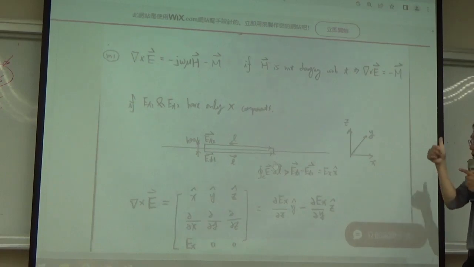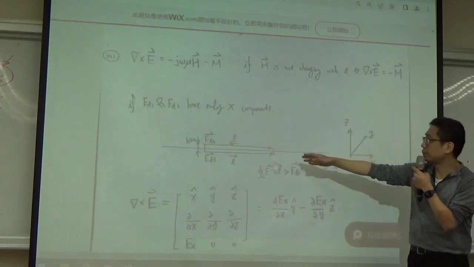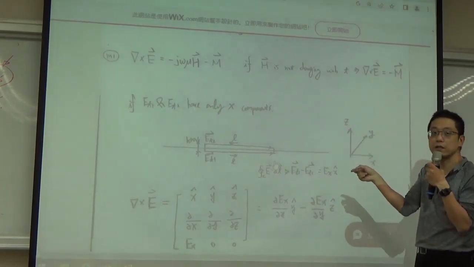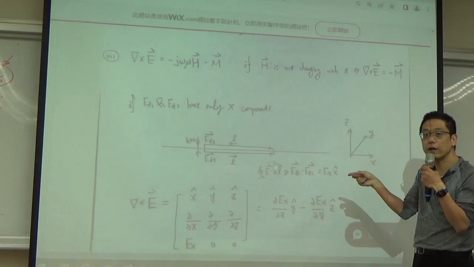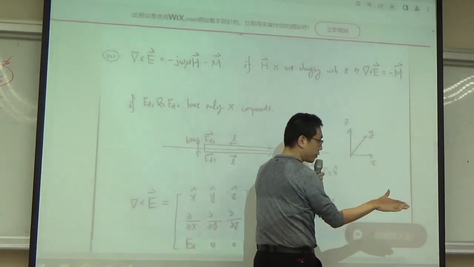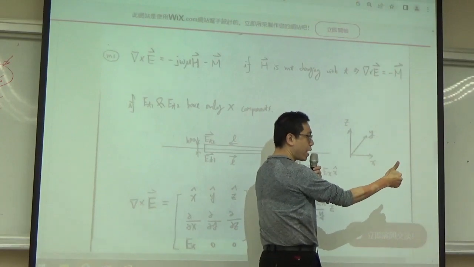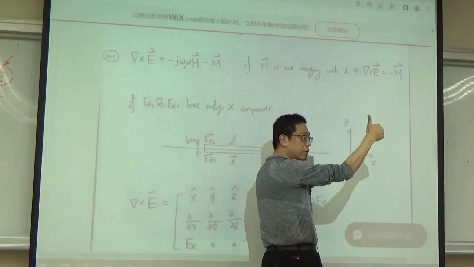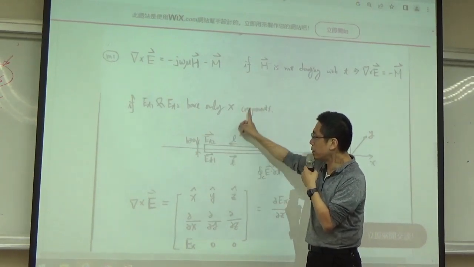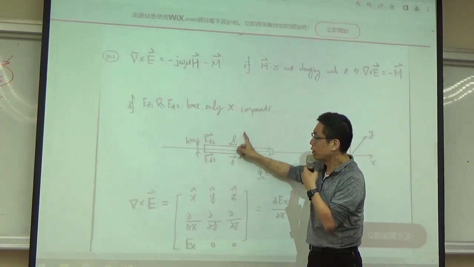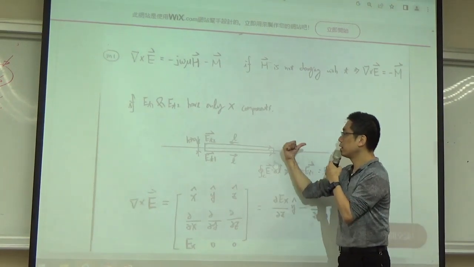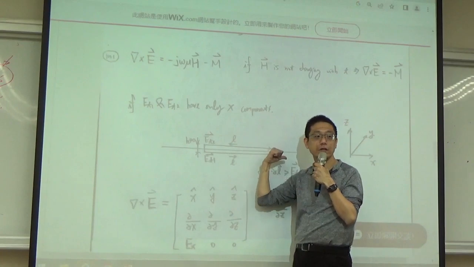Okay, X, Y, Z. Because I cannot write this one, Y means inside, into the board. Y means this direction, and X is this direction. X cross Y equals Z. So Z is the normal direction, and X is the tangent direction.